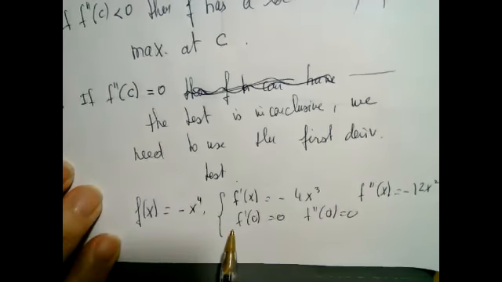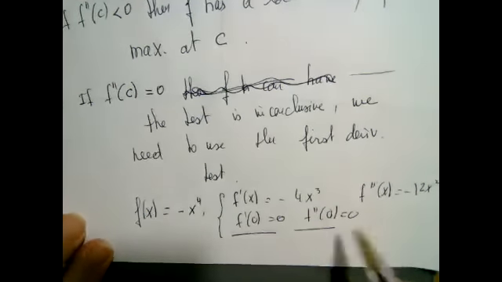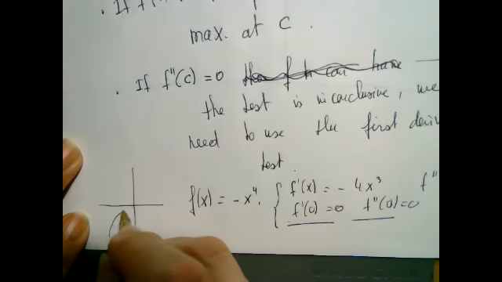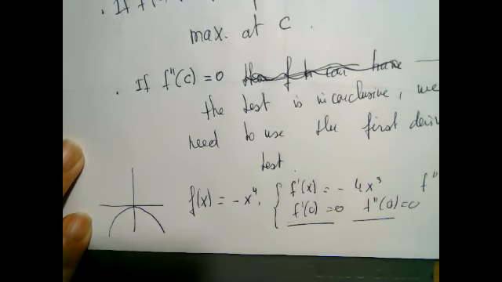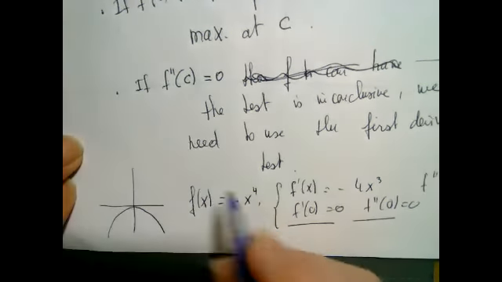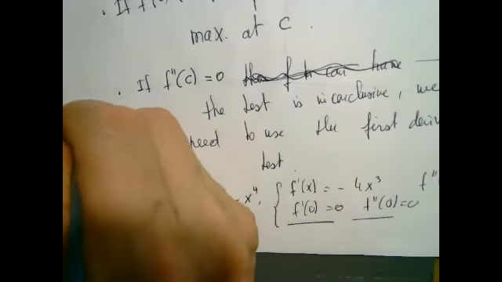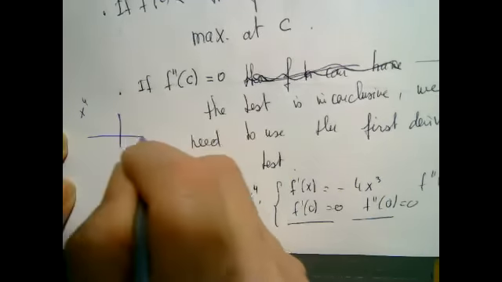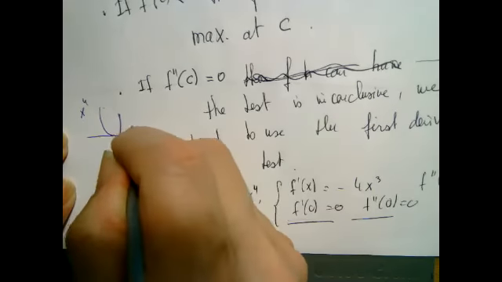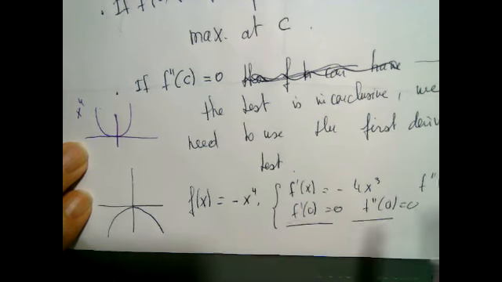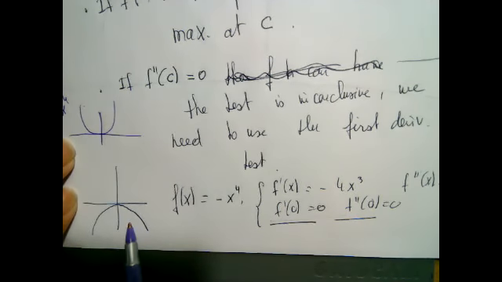So it's a critical point, and this function has right here a local max. Of course, it doesn't take that much. If I take f of x equals x to the 4, we're going to have the same thing, but it's going to have a local min.